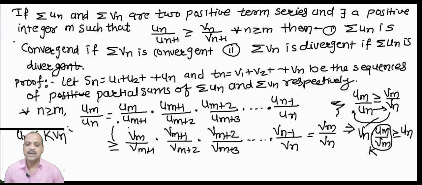So this shows that whenever summation Vn is convergent, summation un is also convergent, and when summation un is divergent, summation Vn is also divergent.